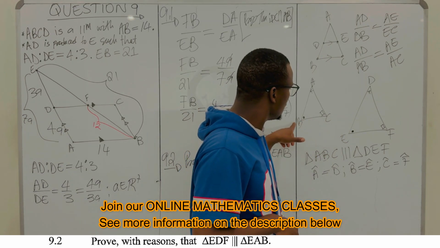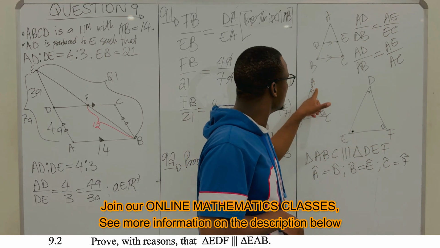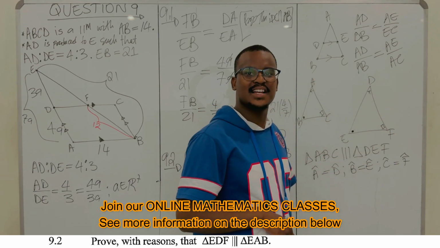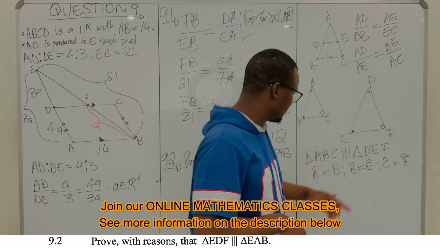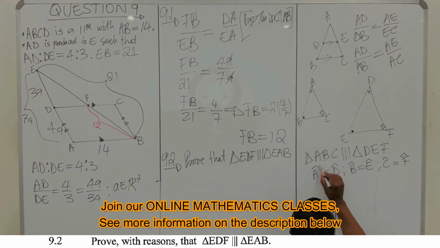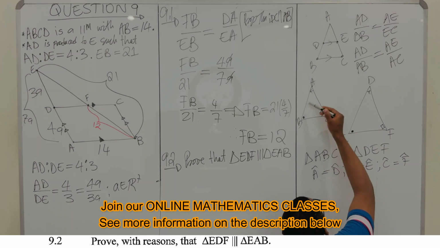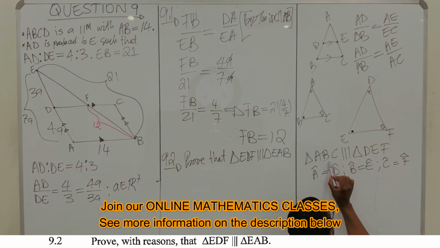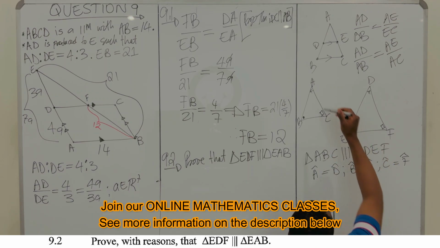Your BC will become your EF, and your AC will become your DF. You can also see it here: AB corresponds to DE, BC corresponds to EF, and AC corresponds to DF.